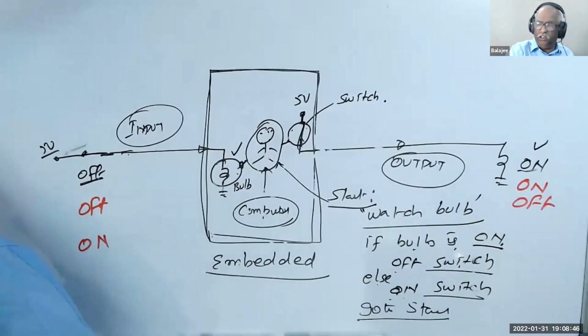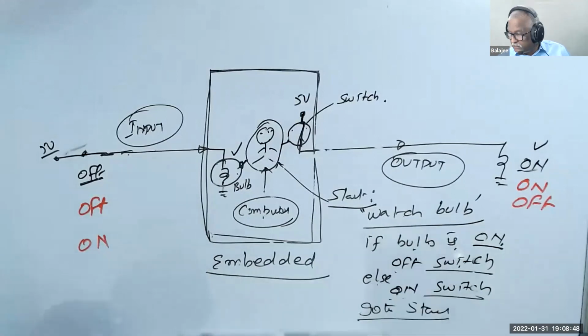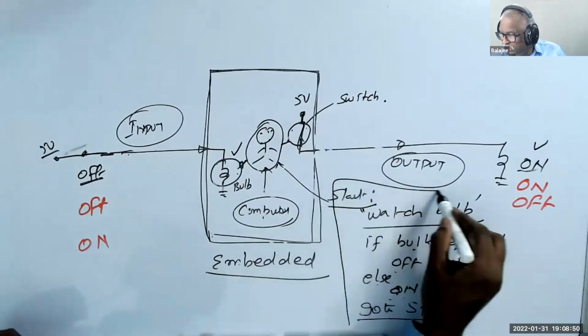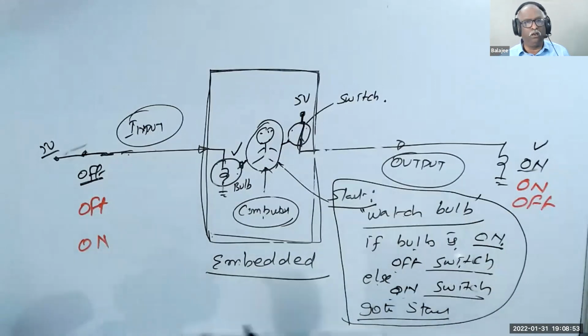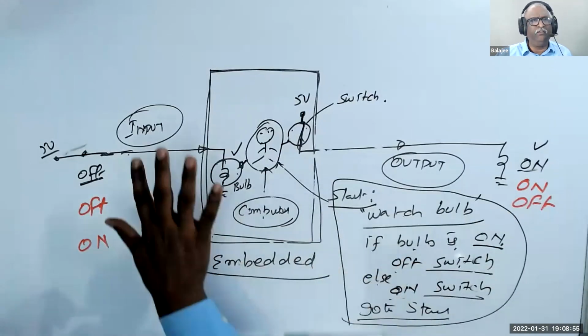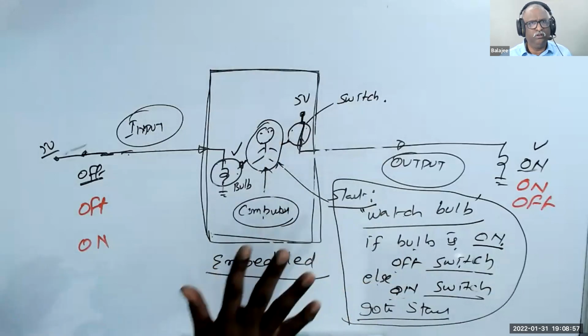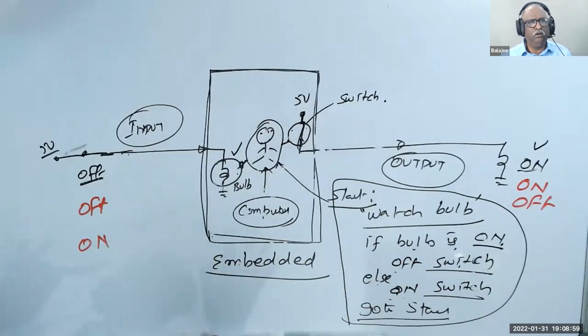These are all very, very simple to understand. Just because it is simple, don't think it is not important. What I have written in the table right now on the board, if you don't understand, let me know. This is what embedded is all about.